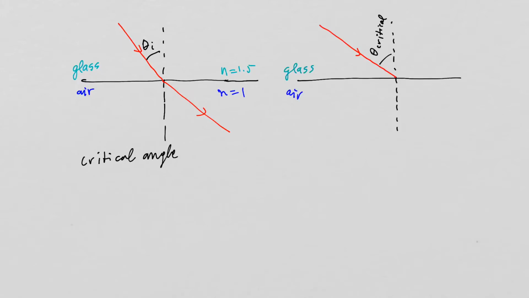So I am increasing the angle of incidence until it reaches a critical value, which is known as the critical angle of incidence, and this value depends on the material from which the light is incident. And so once I reach that critical value, the light ray will no longer transition into the second medium.